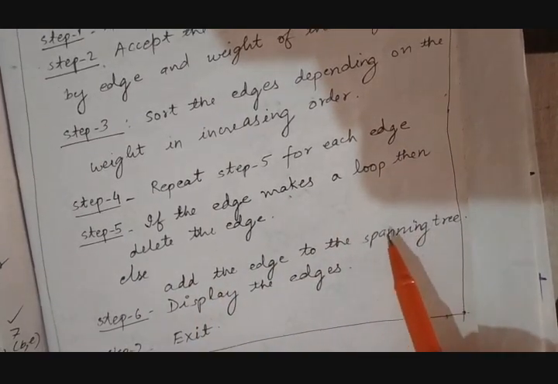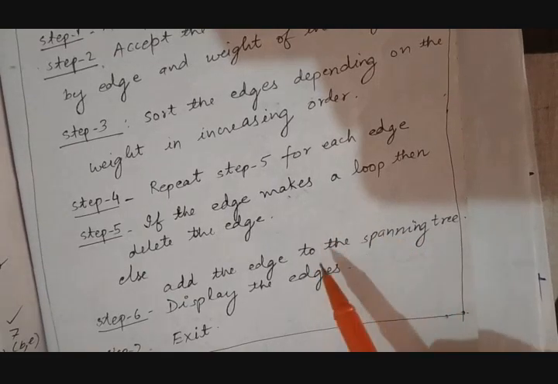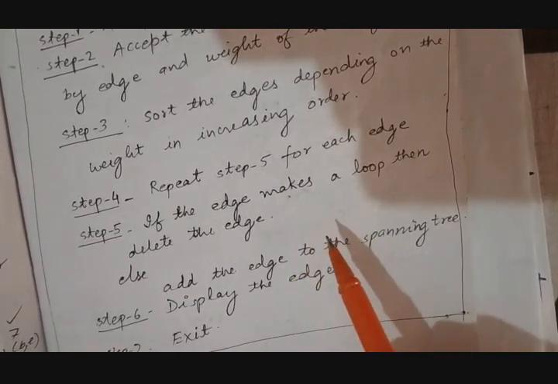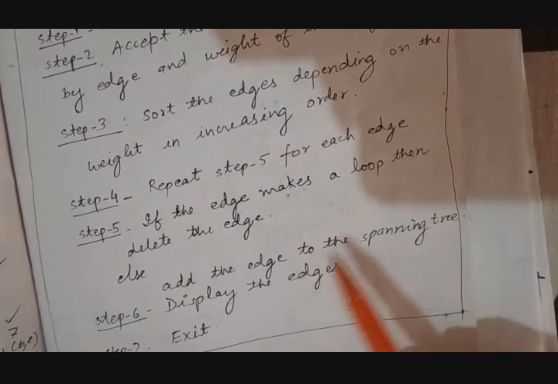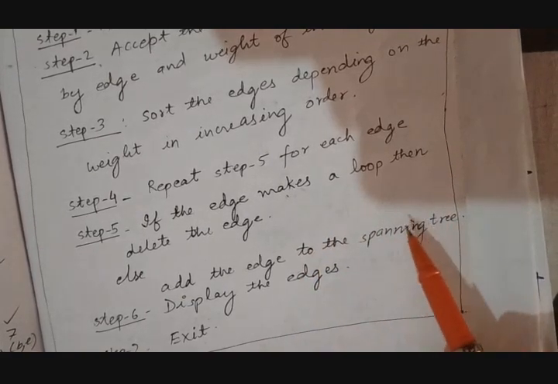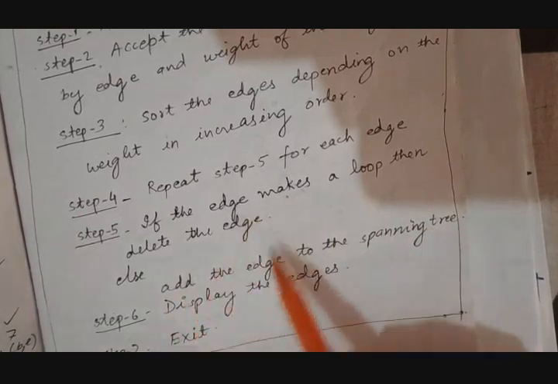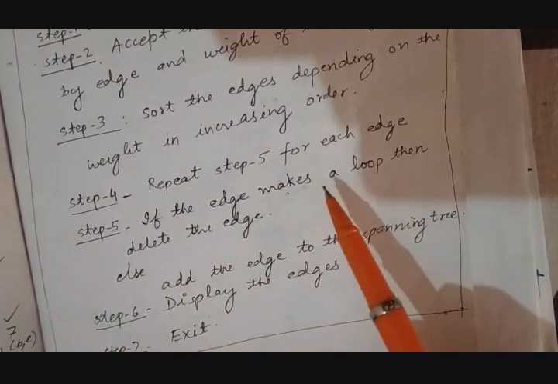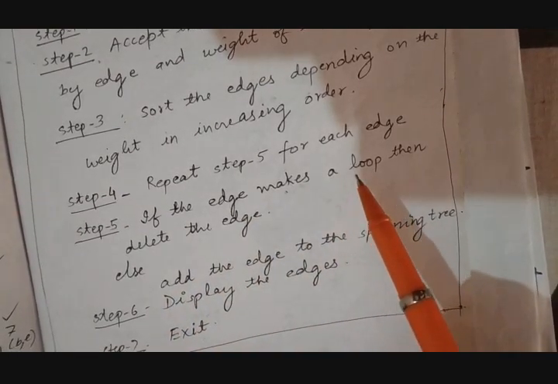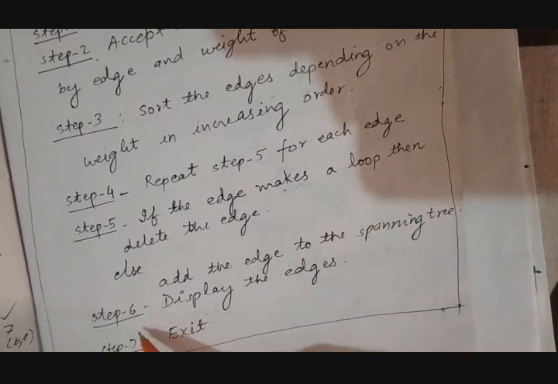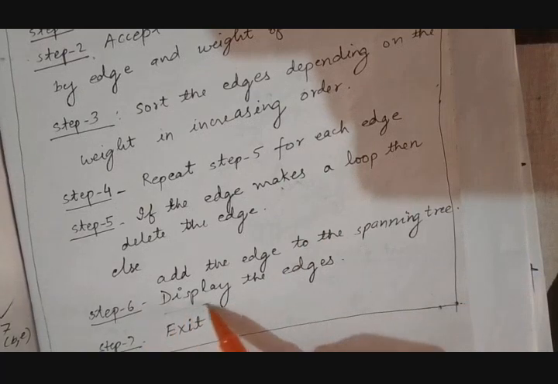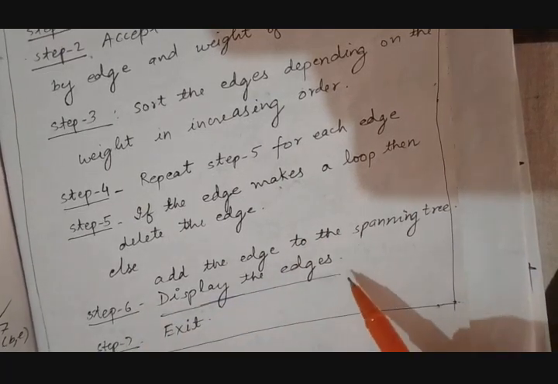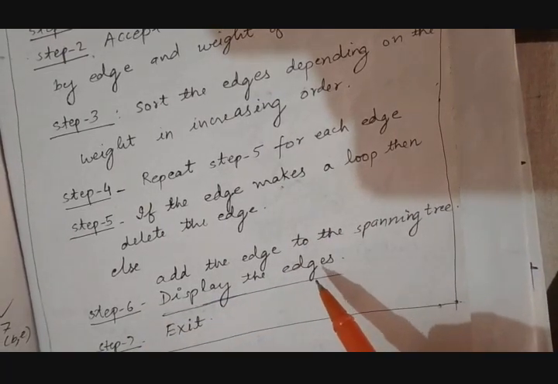So if it does not make a cycle, it does not make a loop, then that edge will be considered into the spanning tree set. This step will be repeated until all the edges of the graph are accessed. Now step 6, display the edges. These set of edges will be actually the elements of the spanning tree.